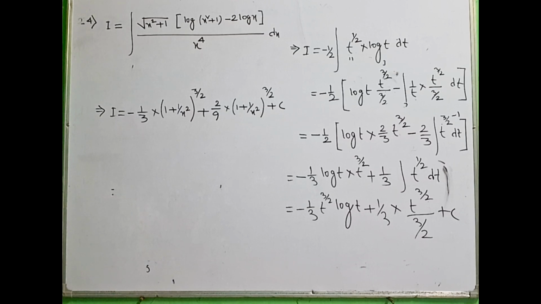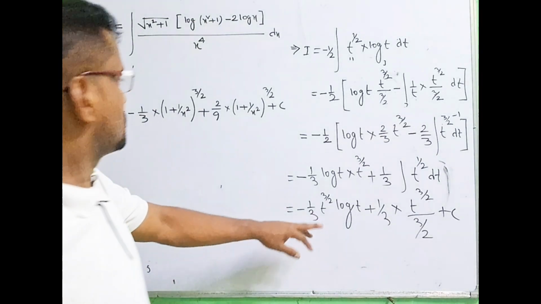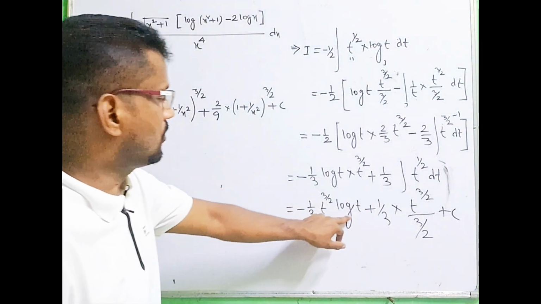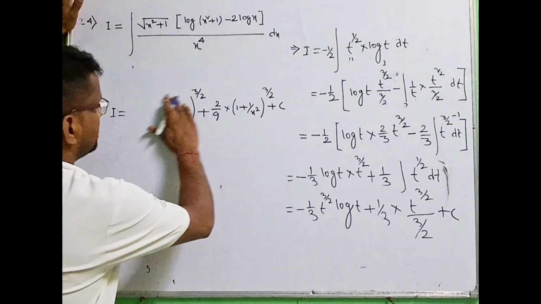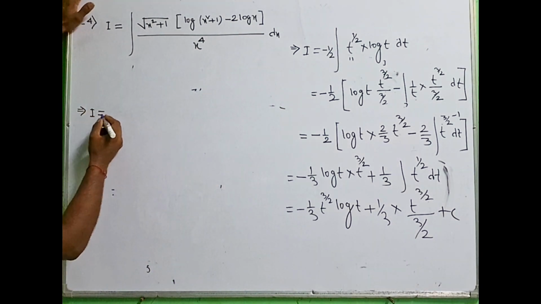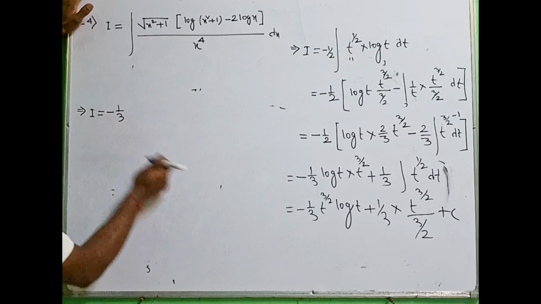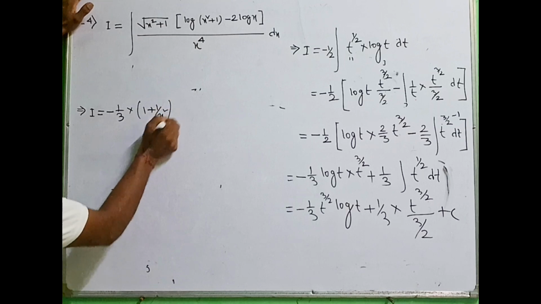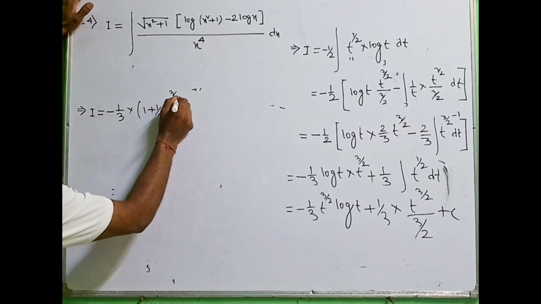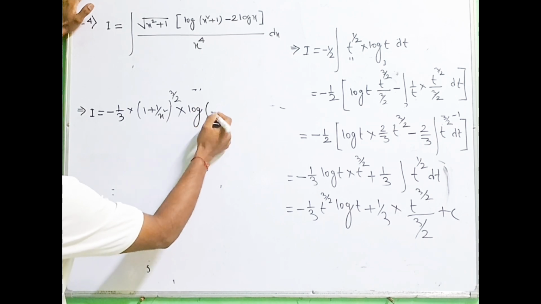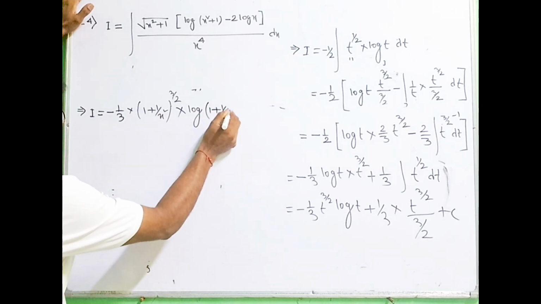Then finally here t to the power 3 by 2, so log of t is left, let me write it properly. So I equals minus 1/3, t means 1 plus 1 by x square whole to the power 3 by 2 into this term was missing, log of t, means what? 1 plus 1 by x square.